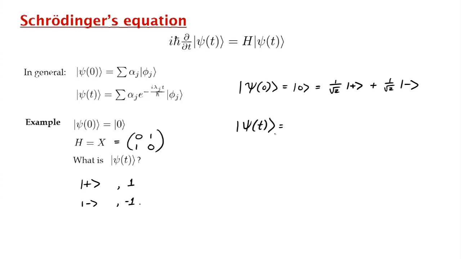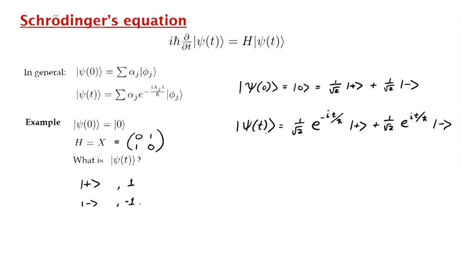Psi of t is 1 over square root 2 e to the minus i lambda, which is 1, t over h bar, plus, plus 1 over square root 2 e to the minus i times lambda. Lambda is minus 1, so the minuses cancel, so you get i t over h bar, minus. Okay, so that's the state of the system at time t.